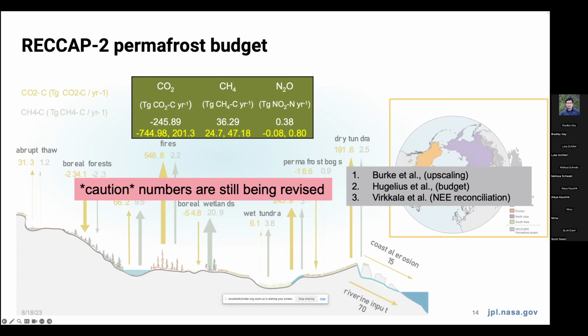Gus is writing one which does this full budgeting that I've shown here, in this table, these numbers. And Anna is working on a top-down, bottom-up reconciliation paper. Anna is online, so she can speak more to it if we have questions.